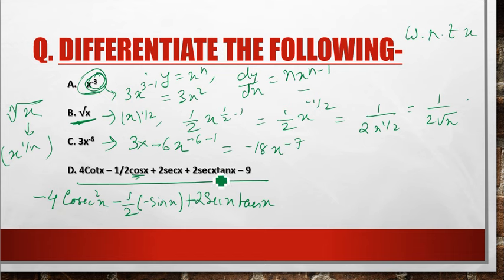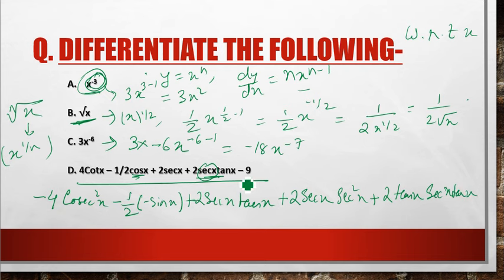Okay. Now see, here you need to do the product rule. So plus, first what will we do? 2 sec x. Now what will be the derivative of tan? sec square x. Okay. Plus again, leaving 2 outside, take tan x outside. Now differentiate sec x. sec x will be what? sec x tan x.